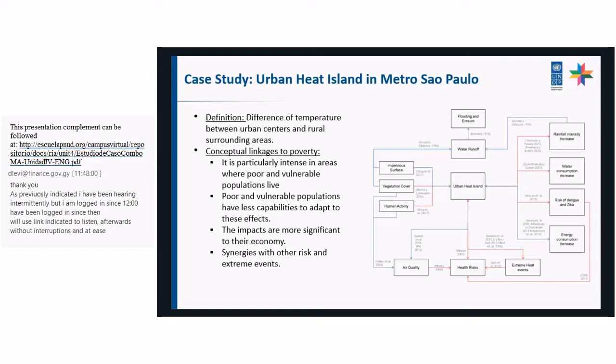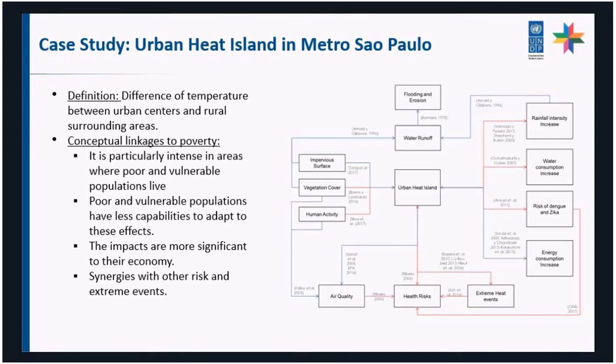So for example, we know that some of these conditions affect more heavily the vulnerable and poor populations because of the places where they live or the house itself. We also know that these poor and vulnerable populations have less economic or, in general, less capability to adapt to these negative effects.